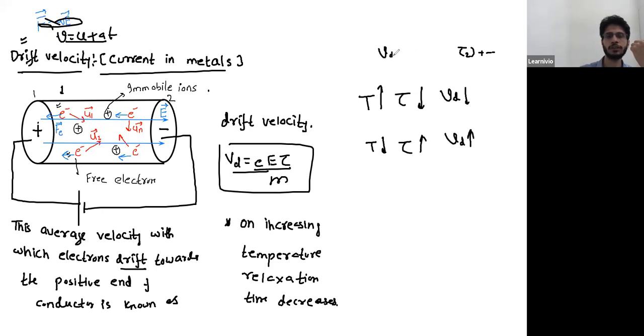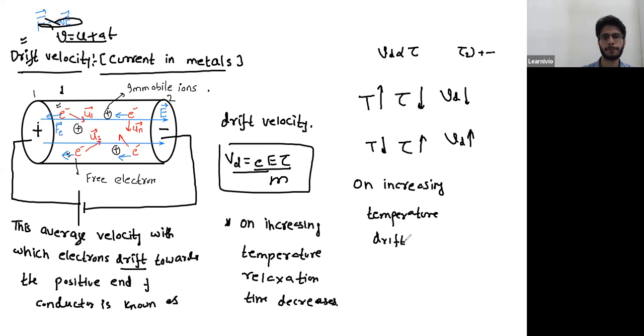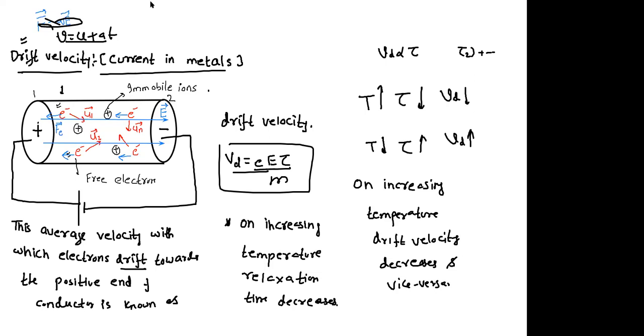Drift velocity is directly proportional to relaxation time. That means on increasing temperature, drift velocity decreases, and vice versa. Okay, just note it down and tell me if you have any doubt.